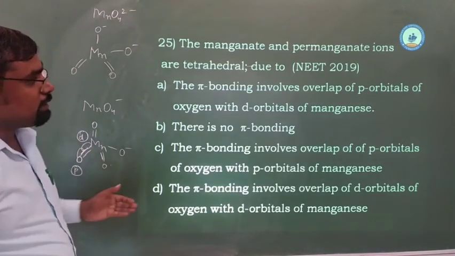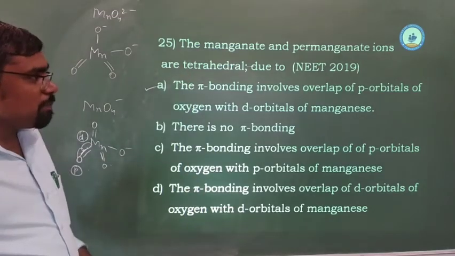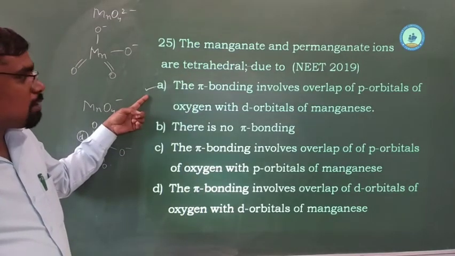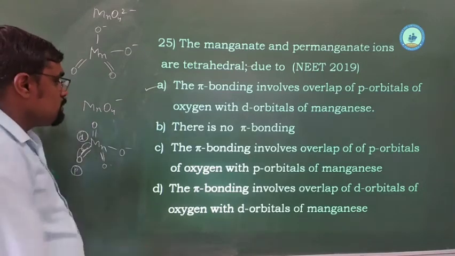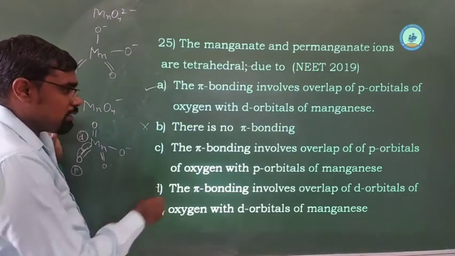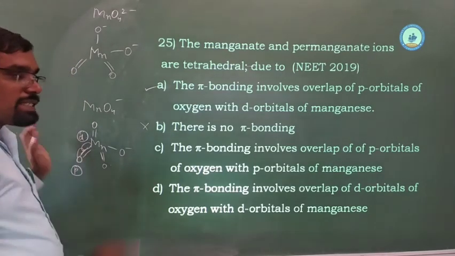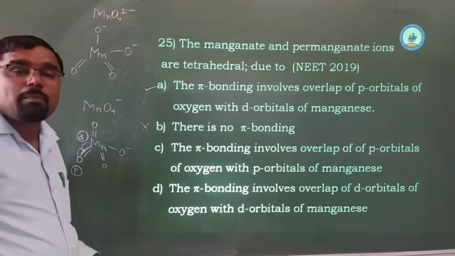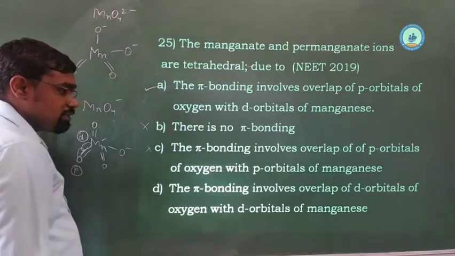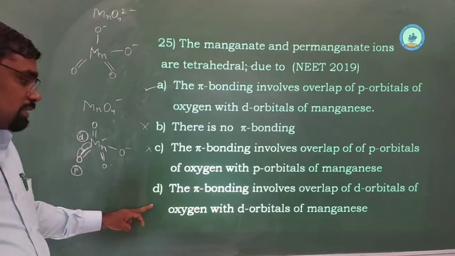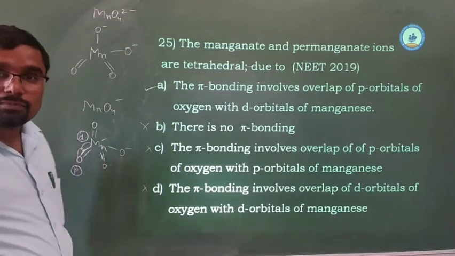So then here the answer is the pi bonding involves overlap of p orbitals of oxygen with d orbitals of manganese. The other options, no pi bonding, and pi bonding by overlap of p orbitals of oxygen with p orbitals of manganese, are wrong, since there are no p orbitals of manganese involved, and here also there are no d orbitals of oxygen. Okay, thank you.